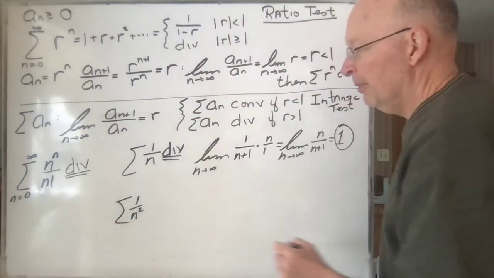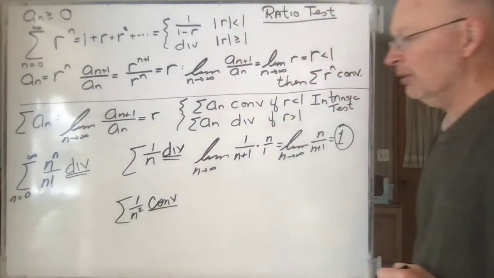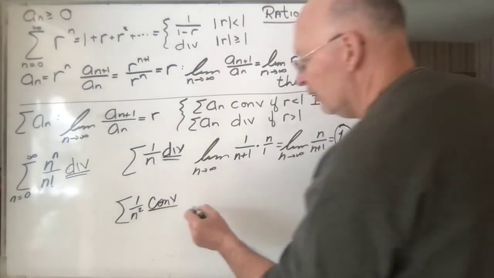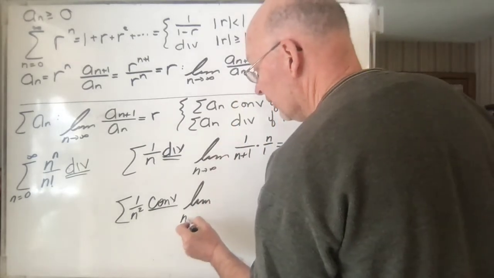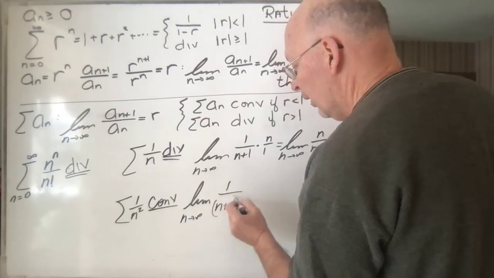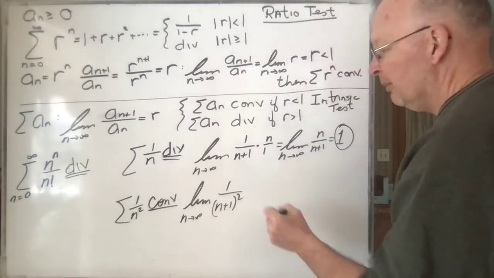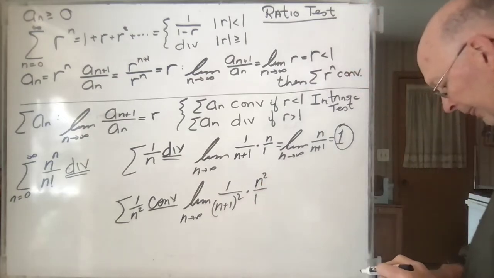That one there, by the p-test, we know that this one converges, right? That one converges. However, if we use the ratio test on it, watch what happens. You're going to get 1 over n plus 1 quantity squared divided by 1 over n squared, so that's going to bring the n squared up like that.